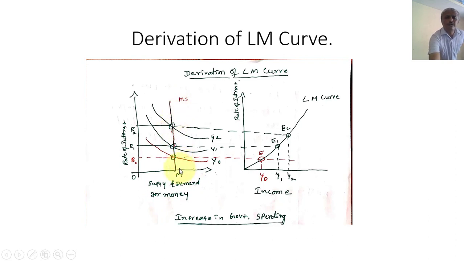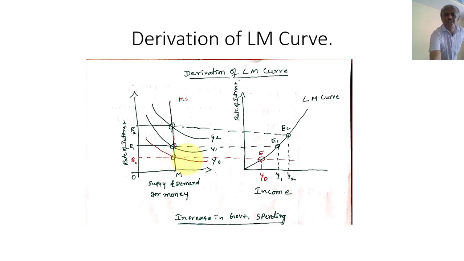Money supply curve. See, when these money demand at various levels of income at point, which means to say that when the rate of interest increases, this will shift, Y1 will shift from this point to this point. Okay, similarly from this point to this point, as per the changes.